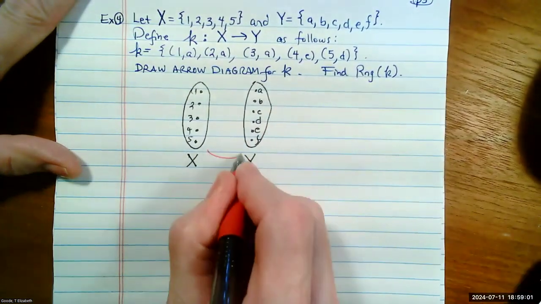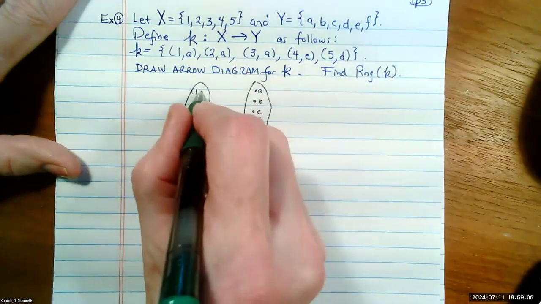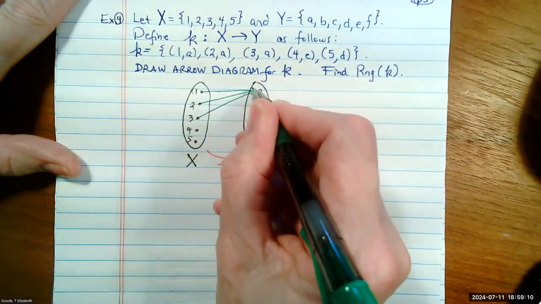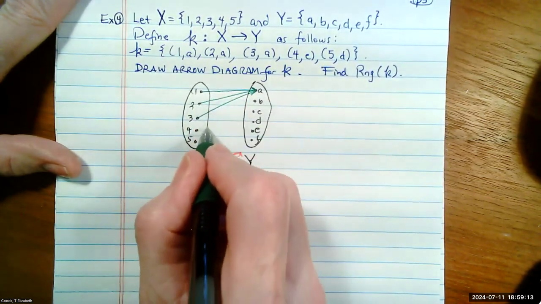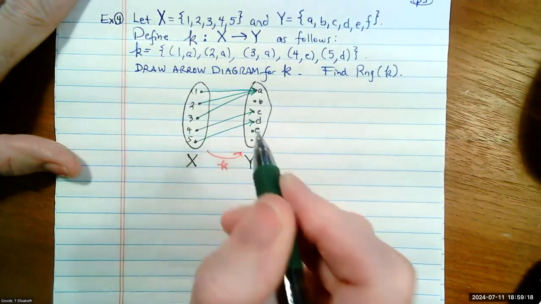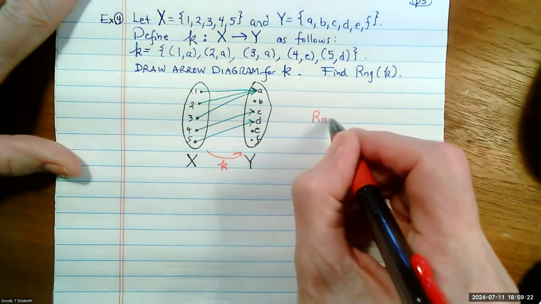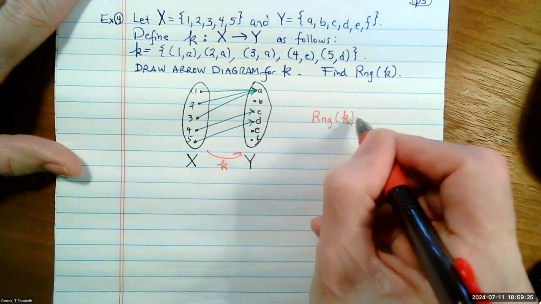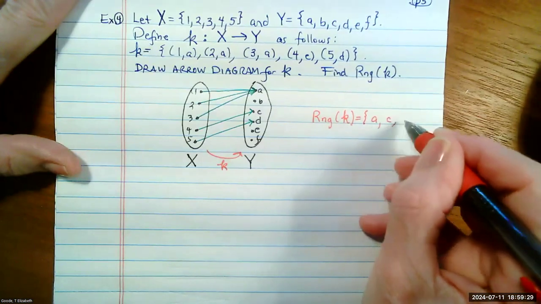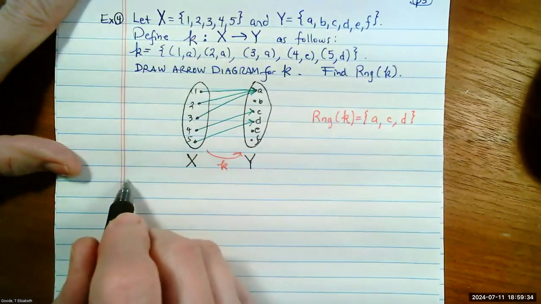This is for K. 1 goes to A, 2 goes to A, 3 goes to A, 4 goes to C, and 5 goes to D. What's the range of K, everybody? A, C, and D. Good. Thank you. Questions?